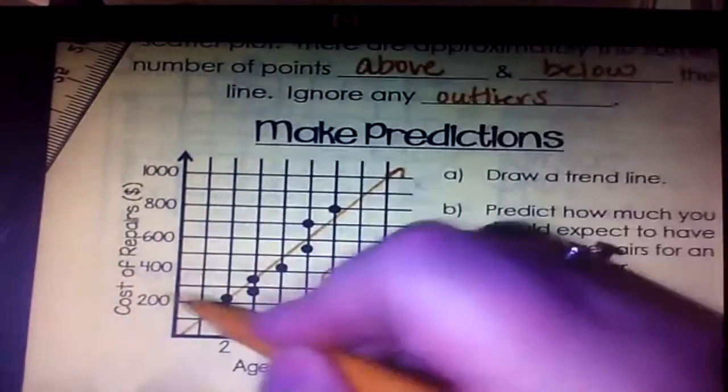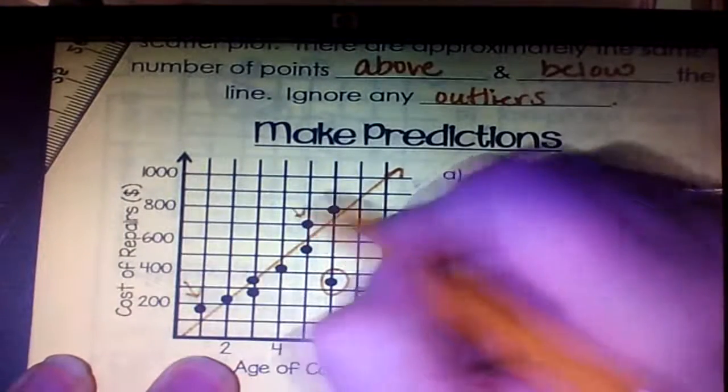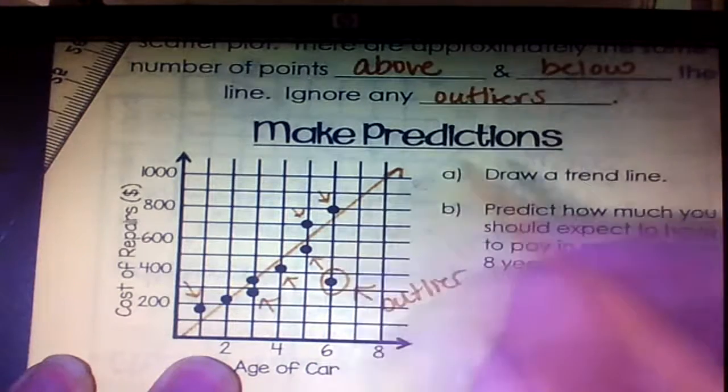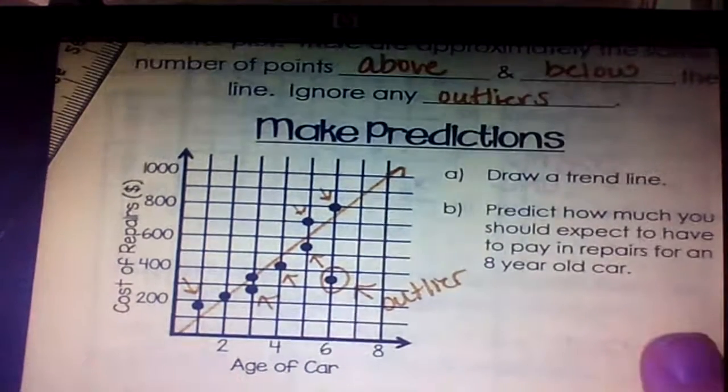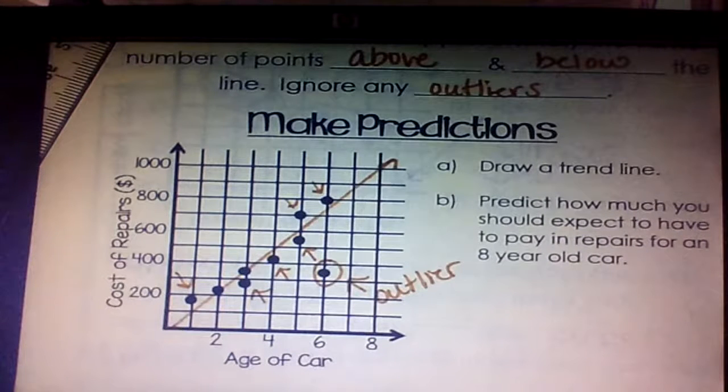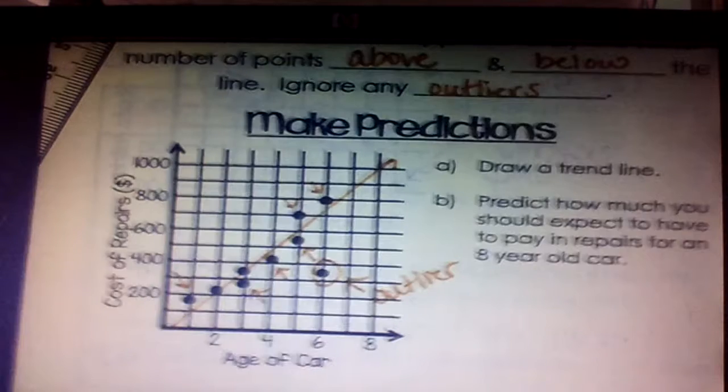I've got 3 points above my line, 3 points below my line, and 2 points basically on my line. So just keep that in mind when you're drawing your trend lines or your lines of best fit.